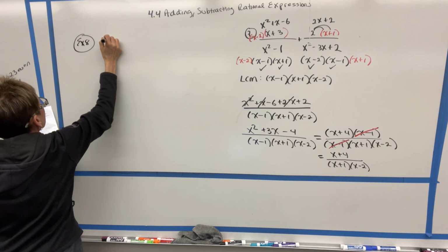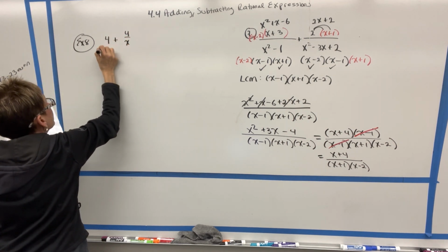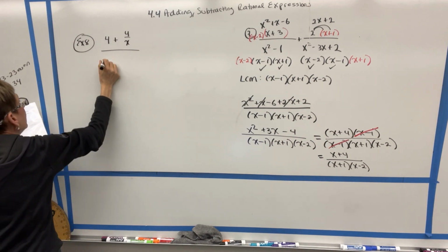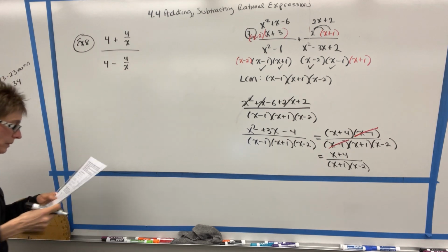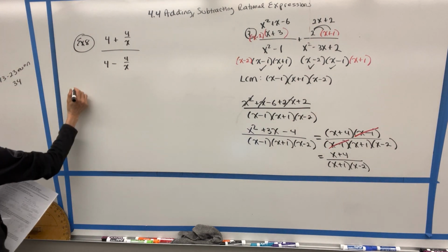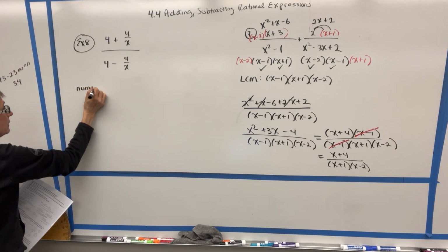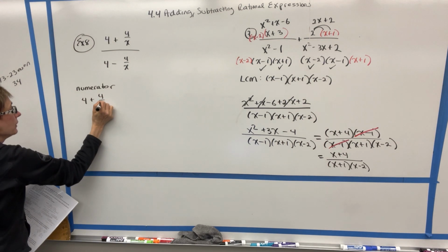So example 8, I've got 4 plus 4 over x divided by 4 minus 4 over x. Now, what we want to do is simplify the numerator and denominator separately. So let's look at the numerator. For the numerator, I've got 4 plus 4 over x.